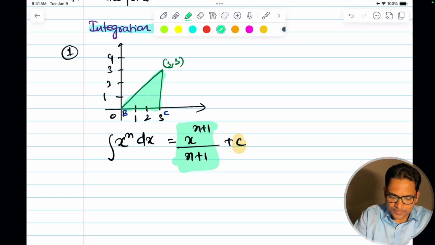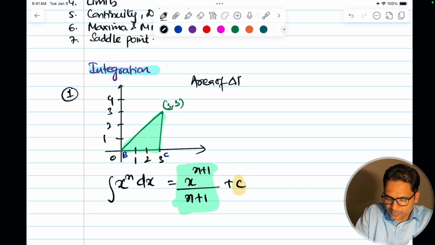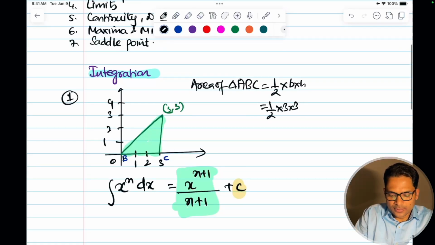This is our triangle 1. So now what's the area of the triangle? Half into base into height, that is half into 3 into 3, which is equal to 4.5, or 9 by 2.